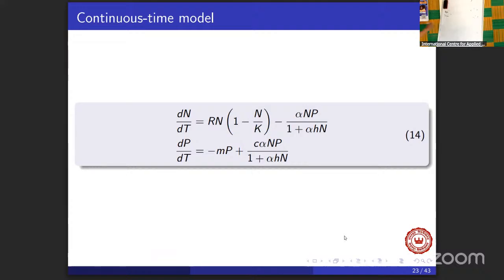See, the dimension of K is population. N is divided by K, and division occurs if the dimension is the same. That means the dimension of K is also population. In the first bracket, 1 is a scalar quantity, and when you divide N by K, this is also a scalar quantity.